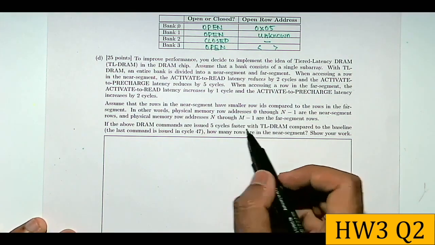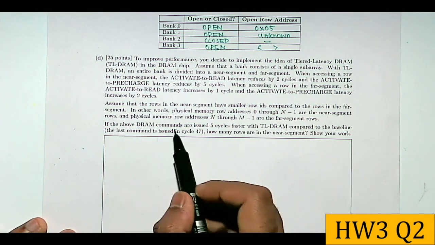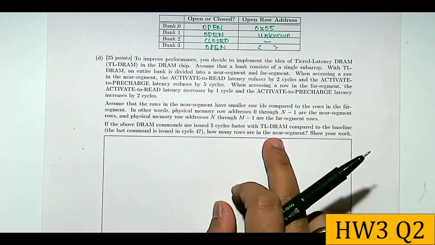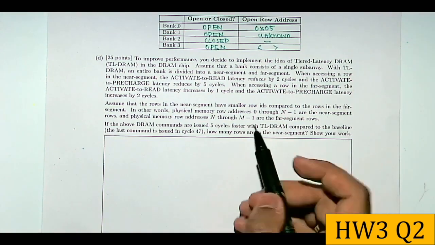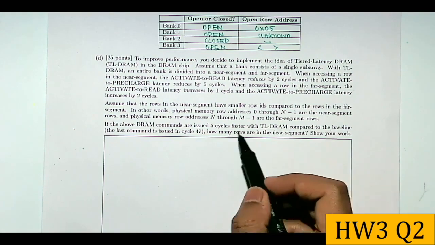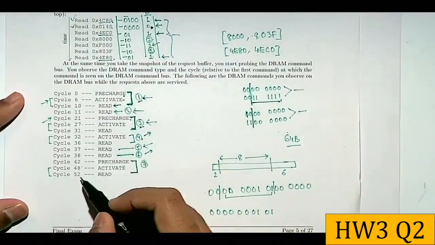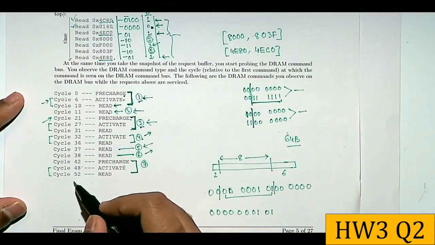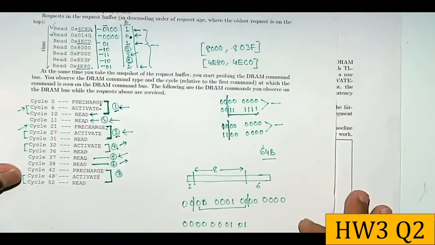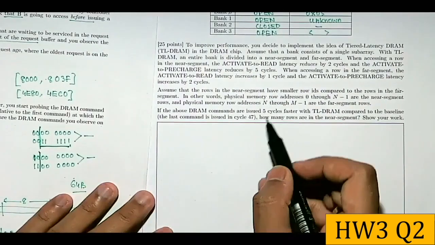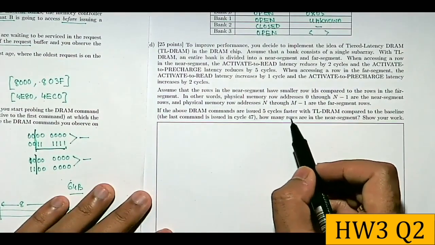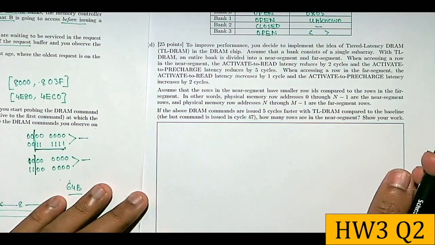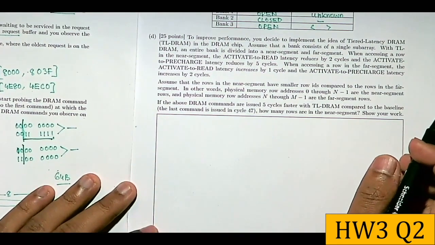Now the question is, if the above DRAM commands are issued 5 cycles faster with TLDRAM as compared to the baseline, so that means previously it ended in 52, now what if it actually ends in 47? Then how many rows do you have in the near segment? That's kind of a very neat reverse engineering.